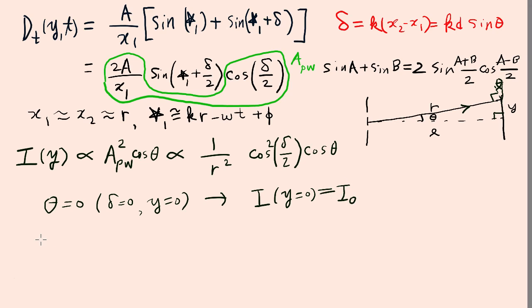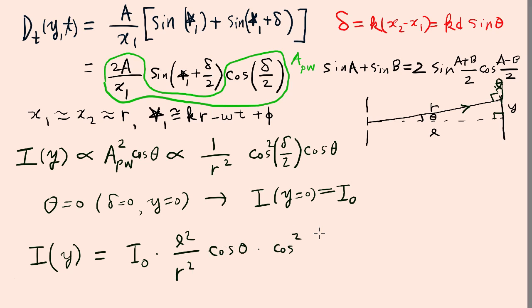So then what would be the I of y? Then you can write it as I0 L squared over R squared times cosine theta times cosine squared delta over 2. So that's the final formula that we have.